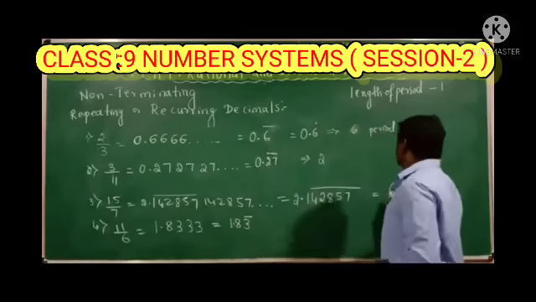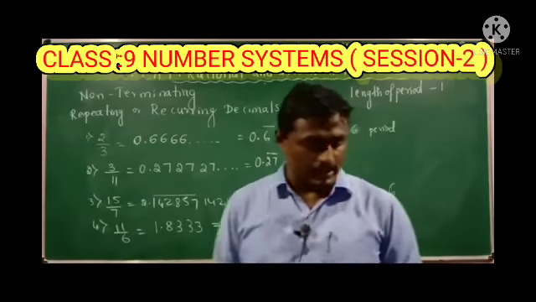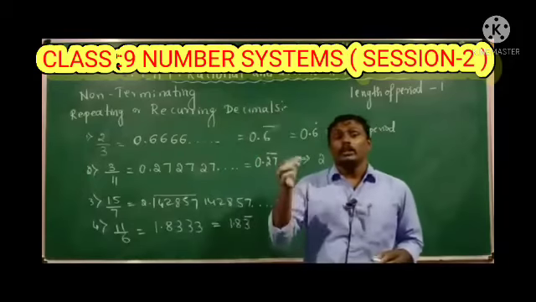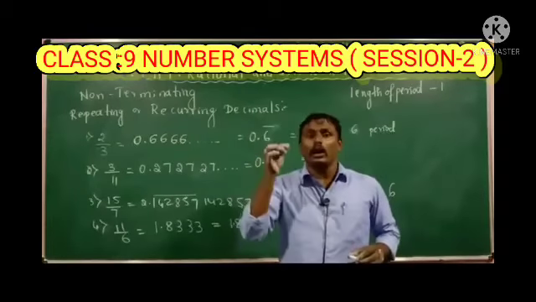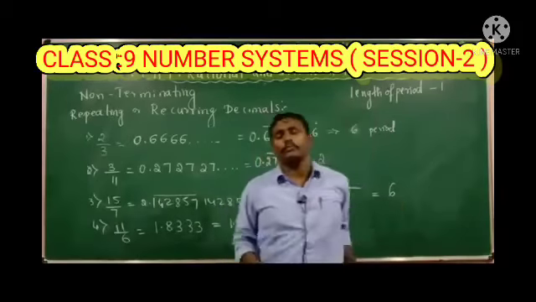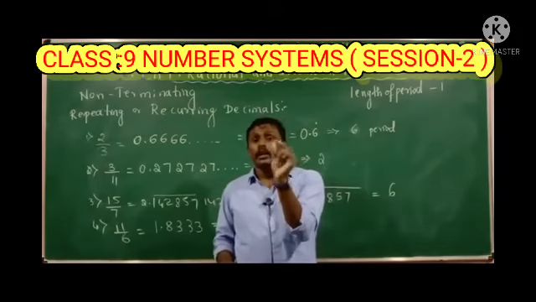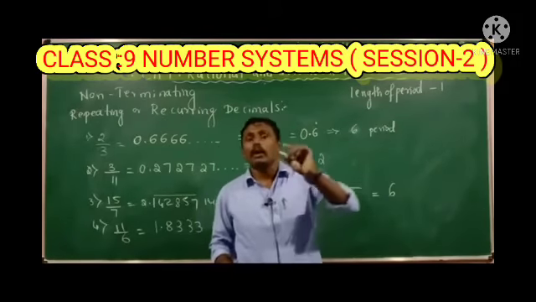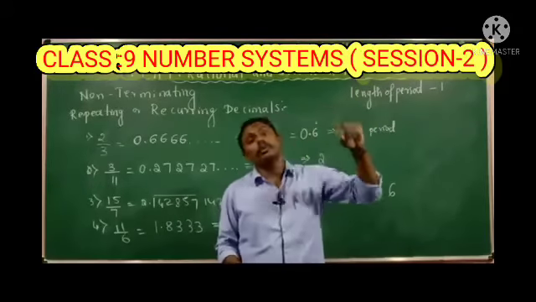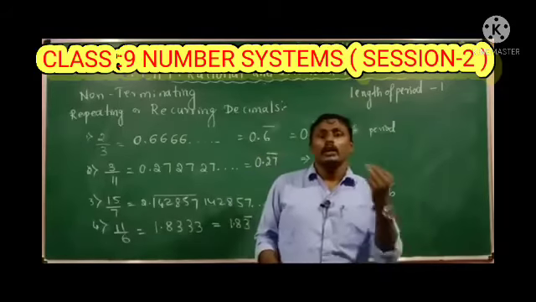So in non-terminating decimal expansions, the repeated number or set of numbers gives the length of the period. It is the number of repeated values, indicating how many digits repeat in the decimal expansion of the rational number.